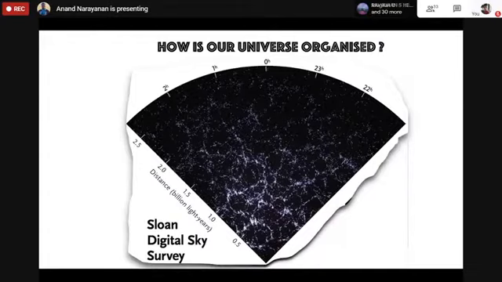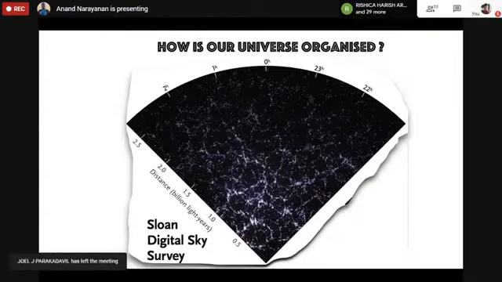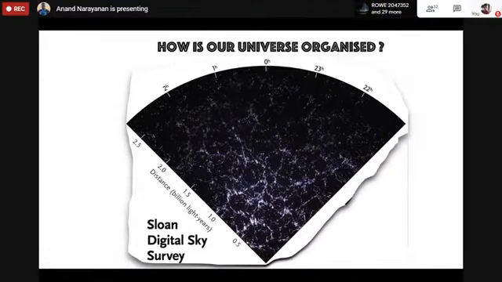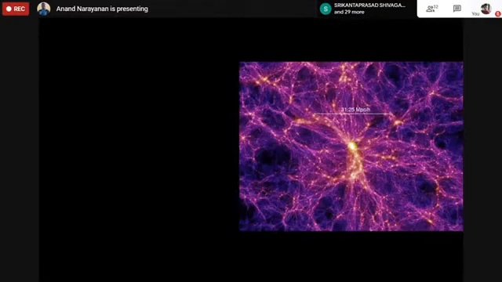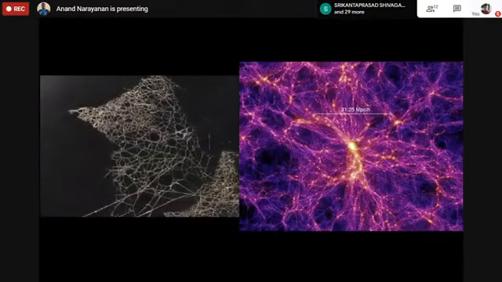And so the bottom line of the story is that on megaparsec scales, the matter distribution of the universe is not uniform, but it forms an intricate pattern of voids and clusters and groups of galaxies. And this is what is called the cosmic web. The analogy is obviously from the web-like structures that we see in the natural world.